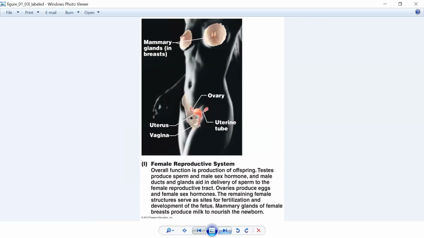And then for the female, the counterpart of her organs: instead of testes, you have the ovaries, where the egg is produced. Some other organs are the uterus, the vagina, the uterine tubes, or you could say fallopian tubes, and mammary glands. Because we're in this system, the main function, again, is reproduction. Don't forget the ovaries can also belong in the endocrine system because they produce the hormones estrogen and progesterone.